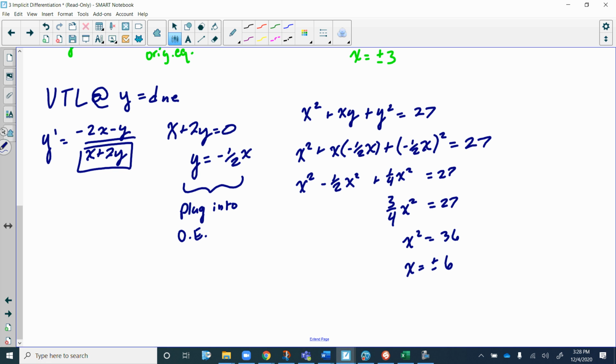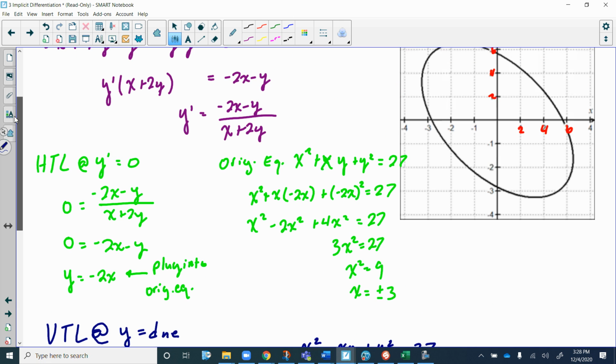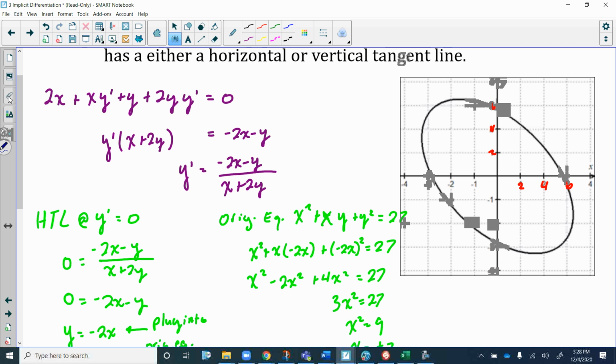So if we go back and look at the scale, positive and negative 3 is about here, and that does look like I would have horizontal tangent lines at those points. And in this case, when x is equal to positive or negative 6, that would really be about here.